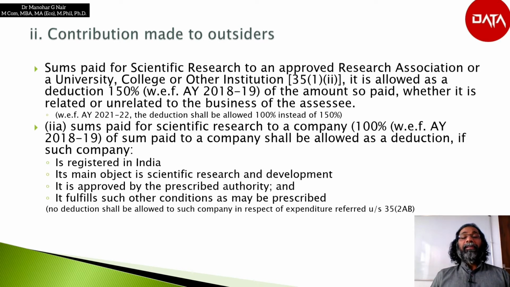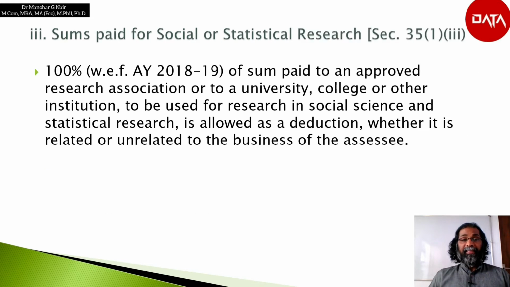It is approved by the prescribed authority and it fulfills such other conditions as may be prescribed. But the condition says no deduction shall be allowed to such company in respect of expenditure referred under section 35 2ab.